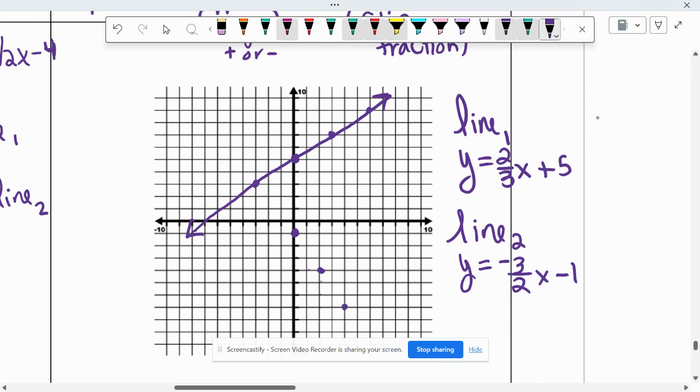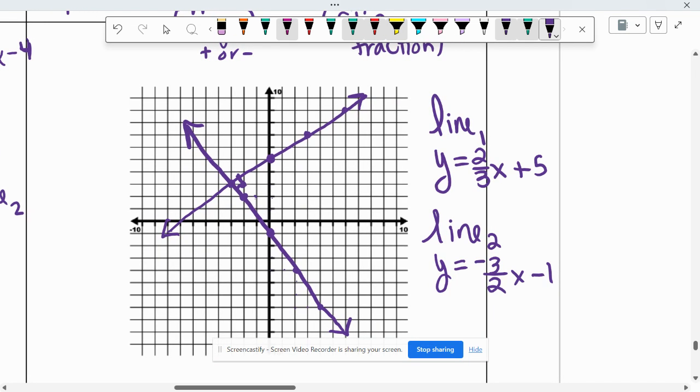I could also go up 3 and to the left 2. Oops, that would be right here, sorry. So here's my line. I need to put that little box in the middle. That says that those are perpendicular to each other. Those are two perpendicular lines.